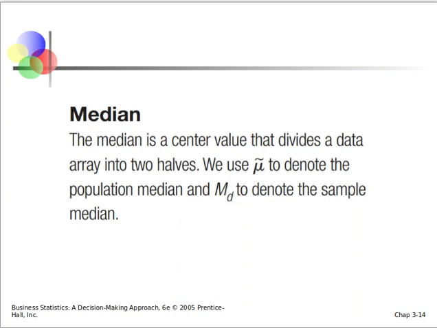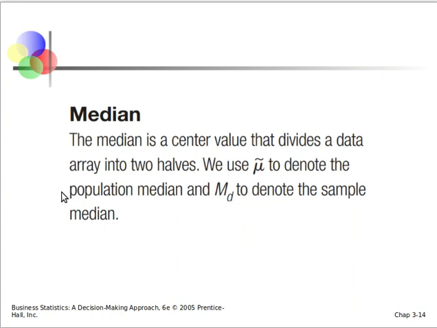We use the mu with the tilde above to denote the population median, and capital M with subscript alpha to denote the sample median.